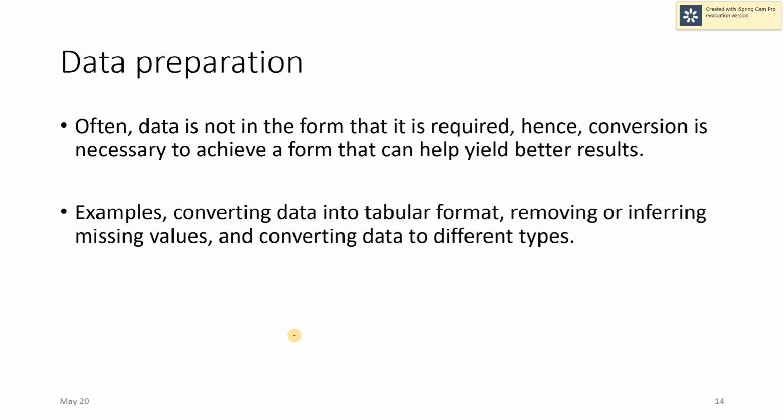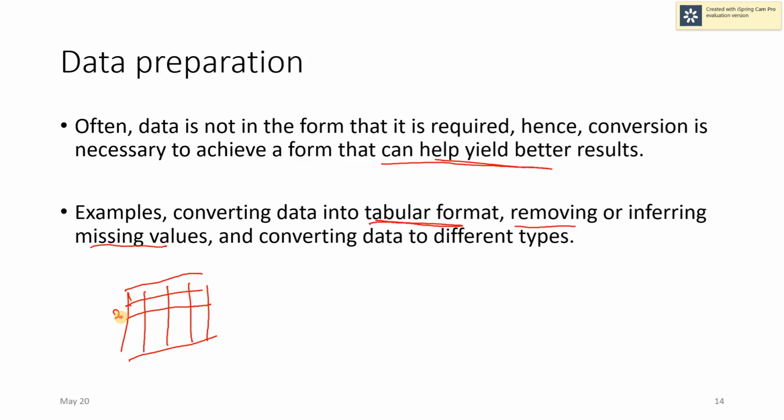Next is data preparation, where you have to convert the data into a form that helps yield better results. For example, you can convert data into tabular format, and then you have to remove or infer the missing values. In your data set there are rows and columns.